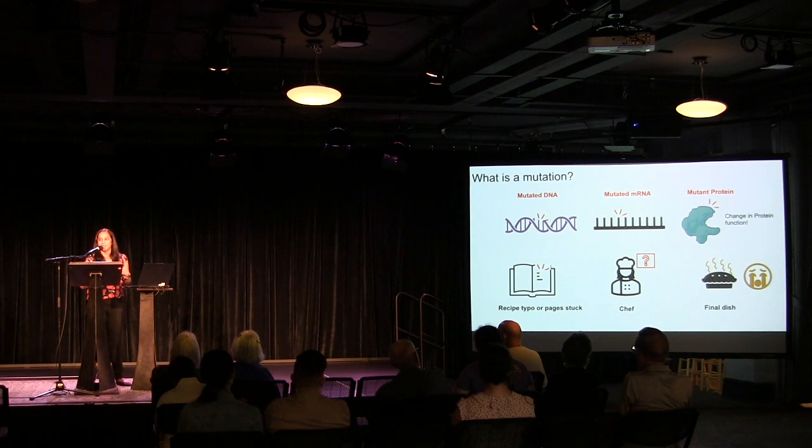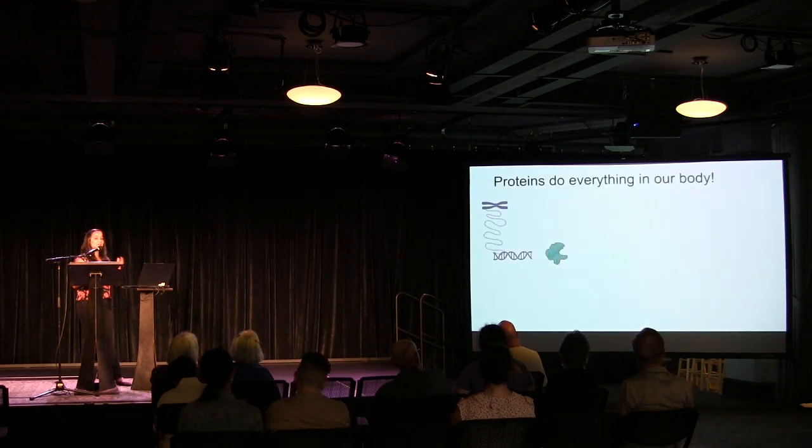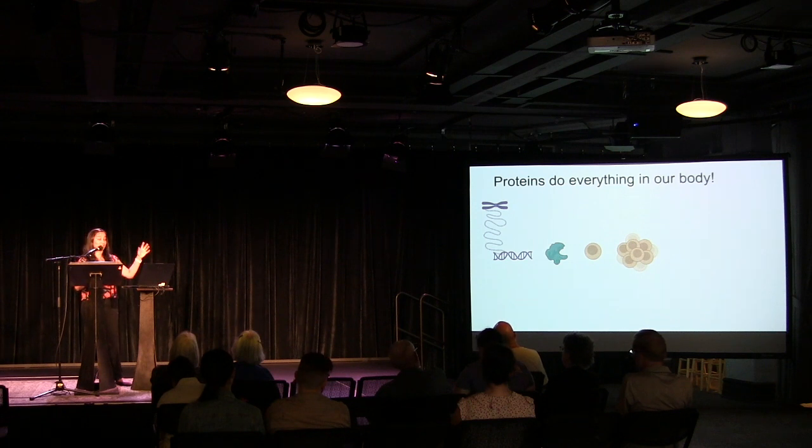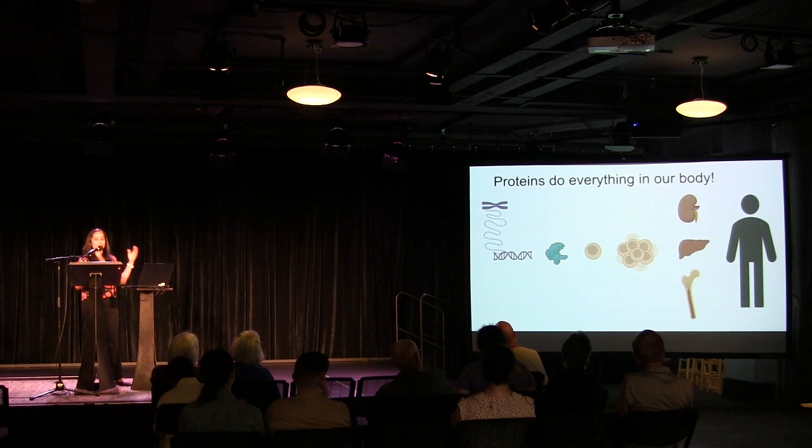So what do I really mean by change in protein function? Proteins basically do everything in our body. So this is our DNA, which we spoke about. It leads to the formation of a protein. And a protein has many different functions in this microscopic unit of life called the cell. And a group of cells together make different organs in our body, such as the liver, the kidney, our bones, which make us who we are as human beings.